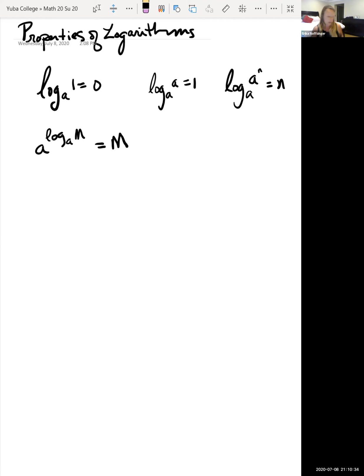And this book showed the proof of this, and it came out really fast and easy. So let's look at the proof of this. A lot of your mathematics, the further you go on in your courses, the more you're going to be proving why you can use these rules that you're given. And so let's prove a to the log base a of m actually equals m.